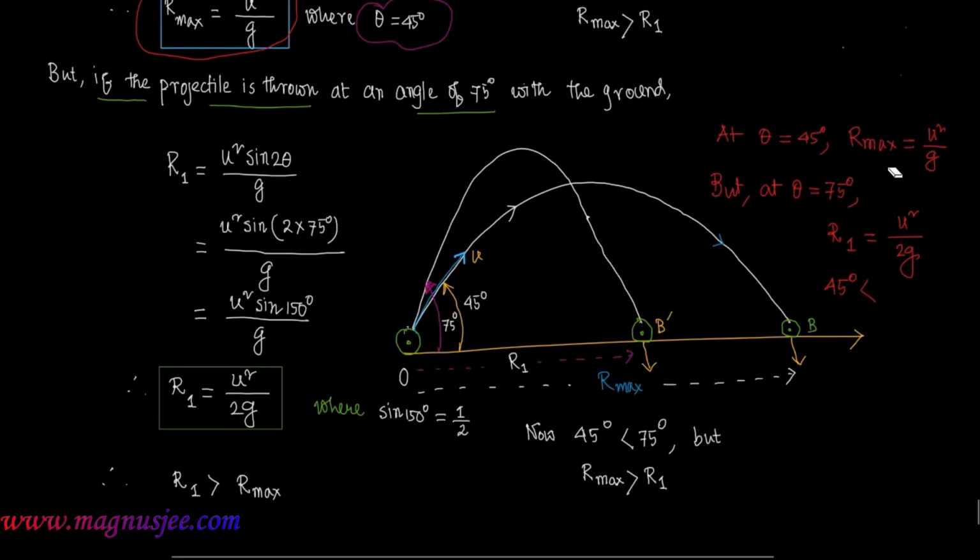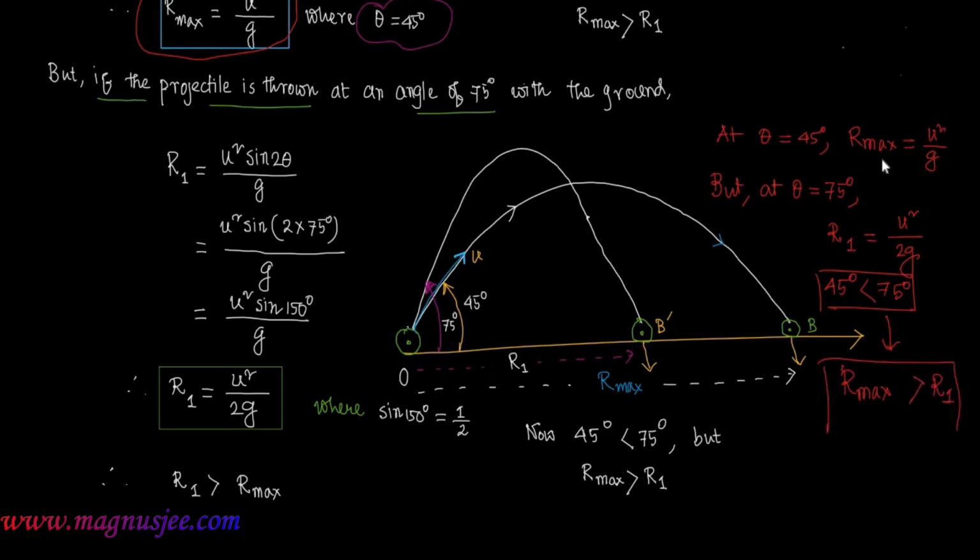That means though 45-degree is less than 75-degree, the horizontal range at 45-degree, R max, is greater than the horizontal range R1 at 75-degree. Therefore we can say that R max is greater than R1.